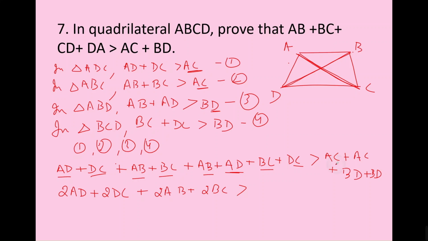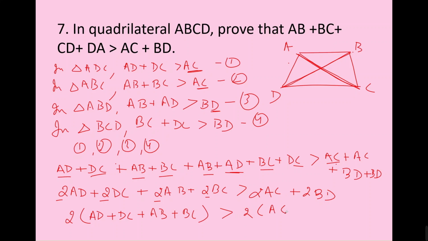I'll tell you how. Now here I have 2 AC and 2 BD. So we'll take out 2 as a common factor from all, and we'll be left with this. Here also we'll take out 2 common, and you know that this 2 will get cancelled out from both sides.